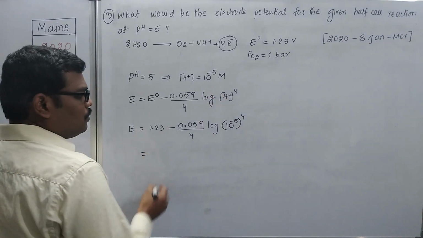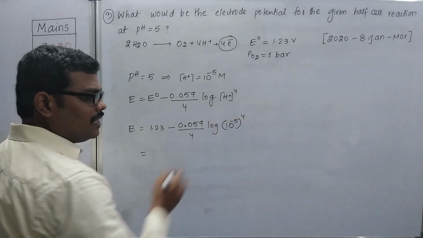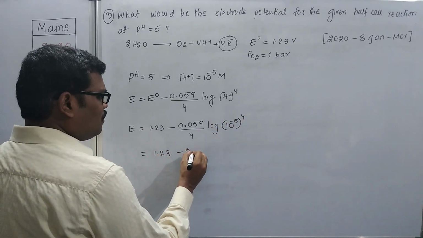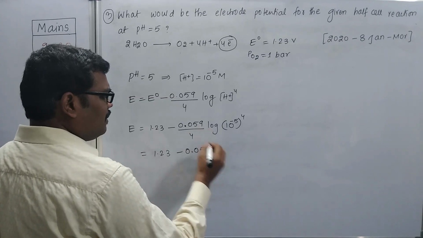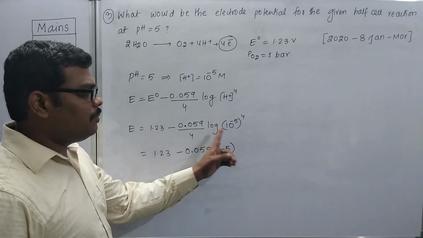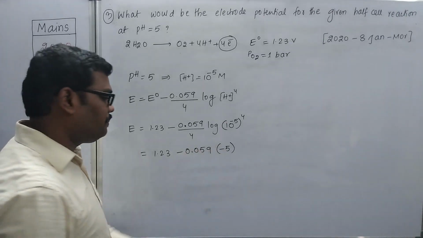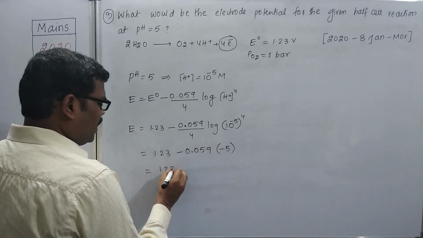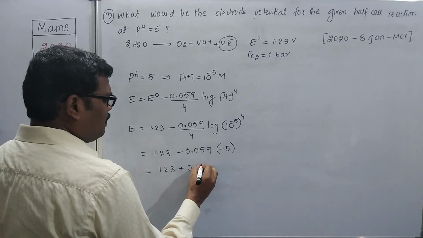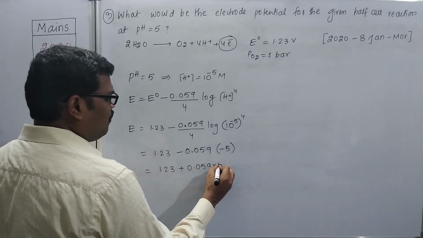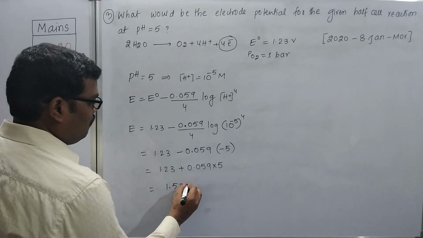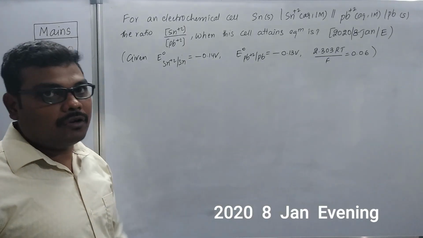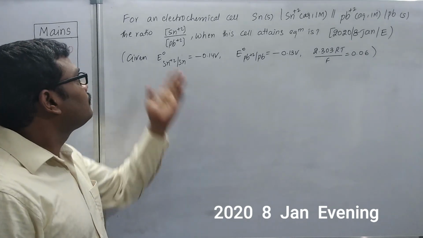This 4 and this 4 get cancelled, then we get 1.23 minus 0.059 into log 10 power minus 5, which becomes minus 5. So minus of minus is plus. This is equal to 1.23 plus 0.059 into 5, which is 1.52 volts.